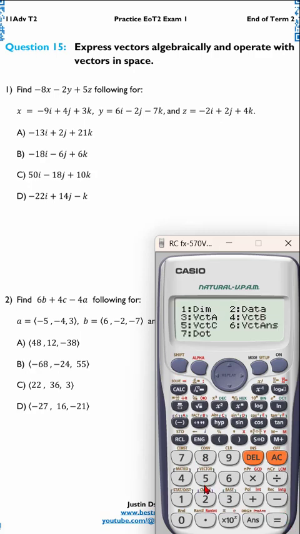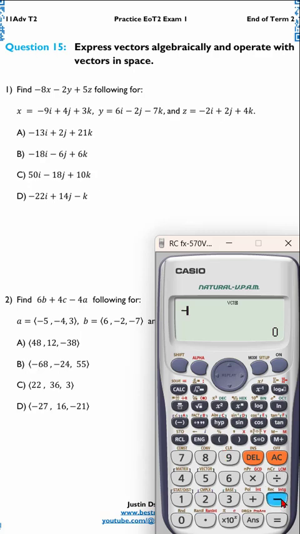And then shift phi, the dimensions of the second vector is 3 dimensions. Let's type in the values. It's 6, minus 2, and lastly minus 7. And then shift phi, the dimensions of the third vector are 3 dimensions as well. Minus 2, 2, 4.